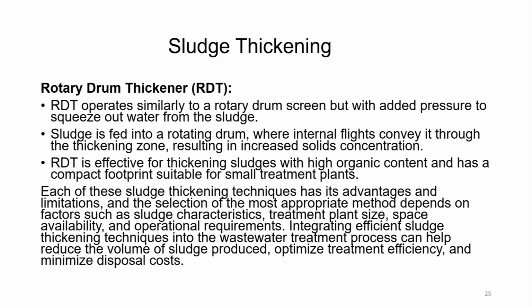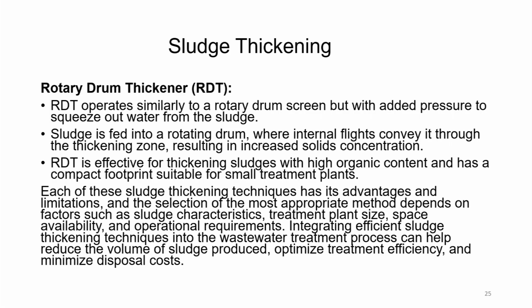The RDT is effective for thickening sludges with high organic content and has a compact footprint suitable for small treatment plants. Each of these sludge thickening techniques has its own advantages and limitations, and the selection of the most appropriate method depends on factors such as sludge characteristic, treatment plant size, space availability, and operational requirements.